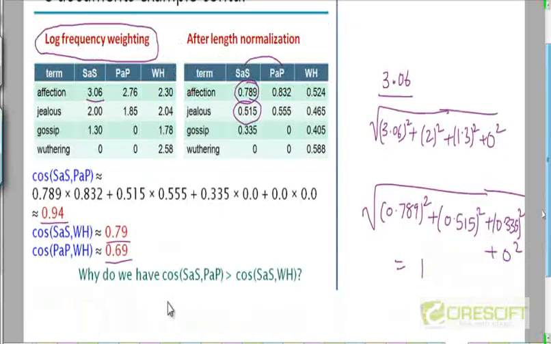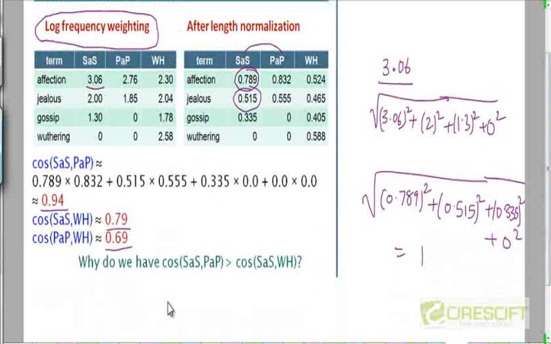So what does this mean? How do we interpret this cosine score? Well, we have the cosine score between Sense and Sensibility and Pride and Prejudice to be quite high. It's around 0.94. It's higher than the other two cosine scores. So can somebody explain what this implies? What does this mean?